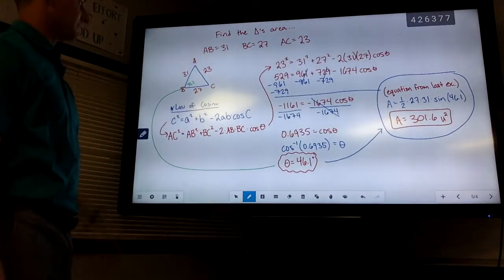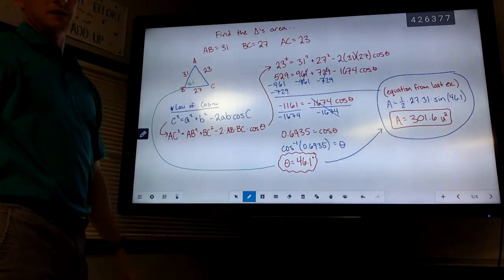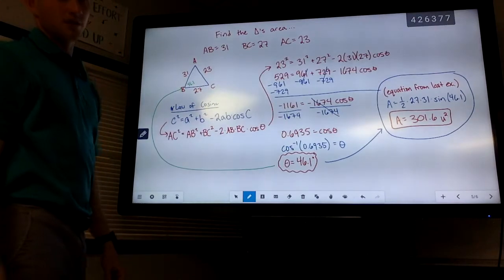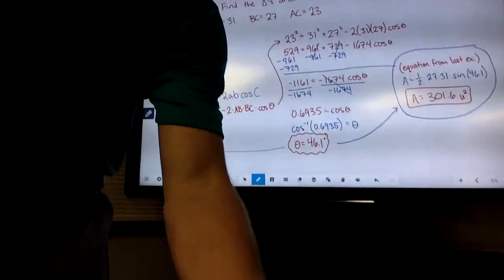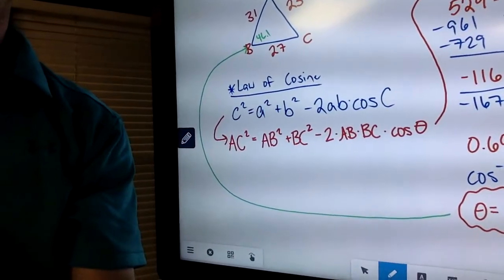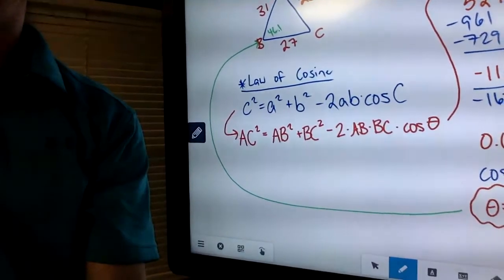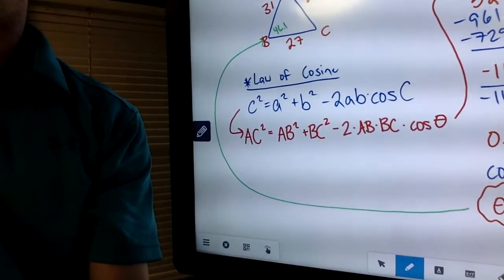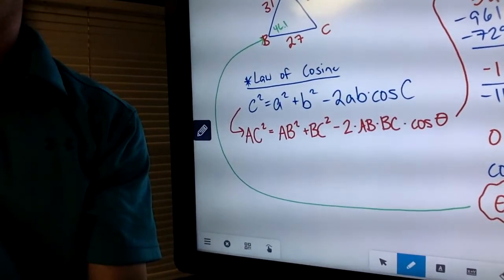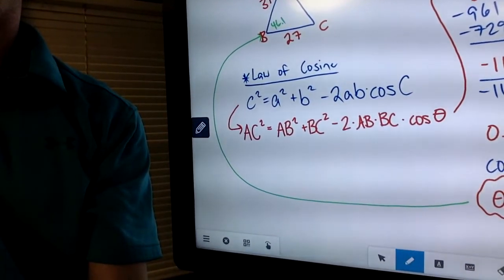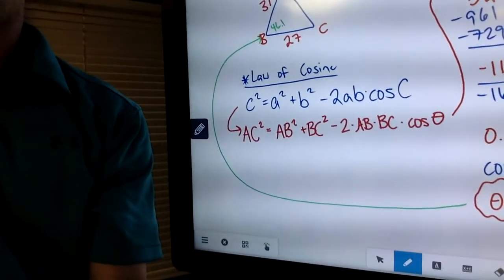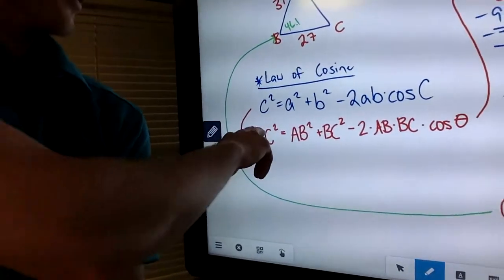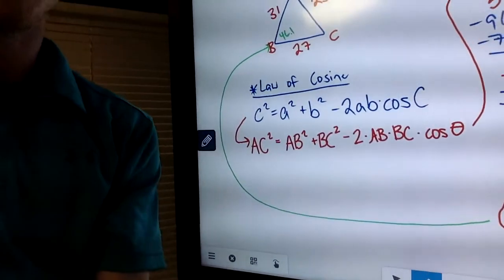That's 23. Well, we know from last class the law of cosines. Maybe you can see it better like this. The law of cosines is that c squared equals a squared plus b squared minus 2 times a times b times cosine of angle C. Well, our letters are a little different, so we're just plugging in those sides.